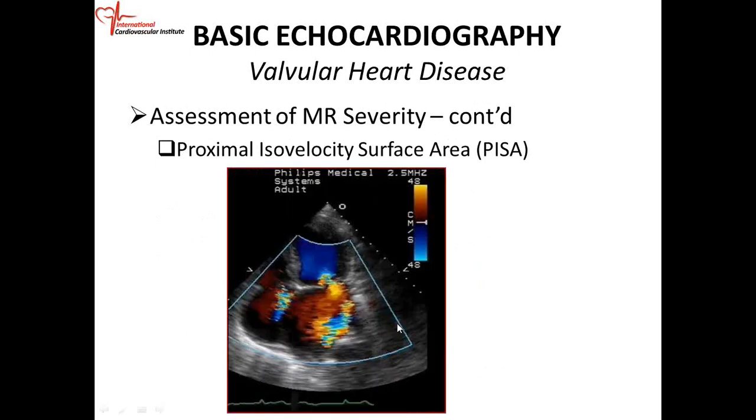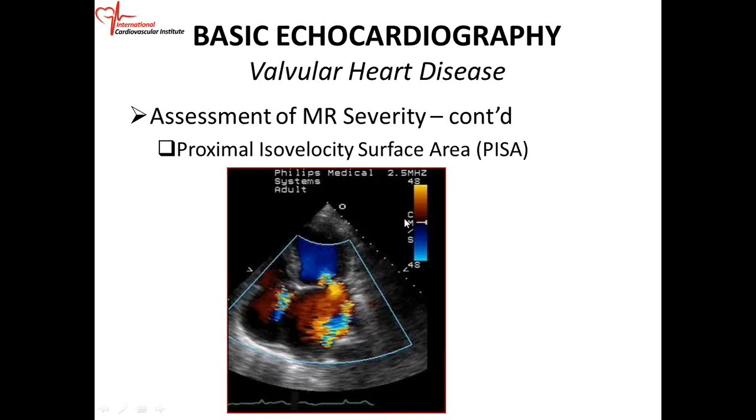So in real life, on two-dimensional echo, this is the regurgitation coming from the LV across the mitral valve into the left atrium, and this is the hemispheric shell that we're talking about.